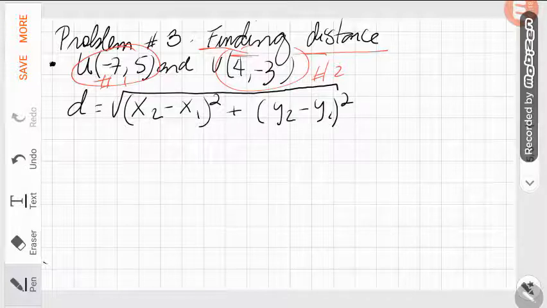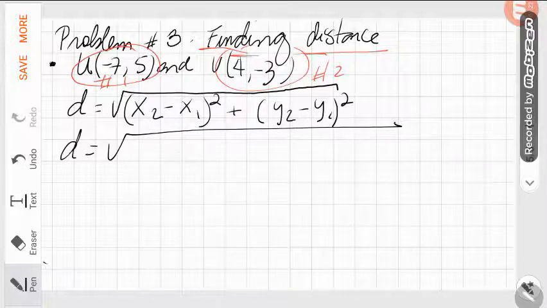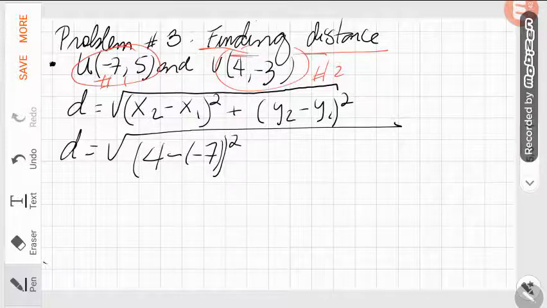We are going to then just replace the values. So for x2, we have the coordinate for x of the second point, which in this case is 4, minus x1, which in this case is minus 1. And because we have a minus in front of another minus sign, we know that something interesting is going to be happening here.